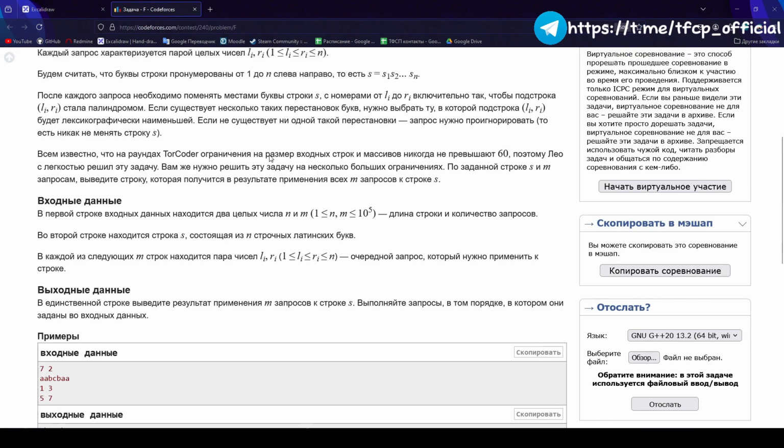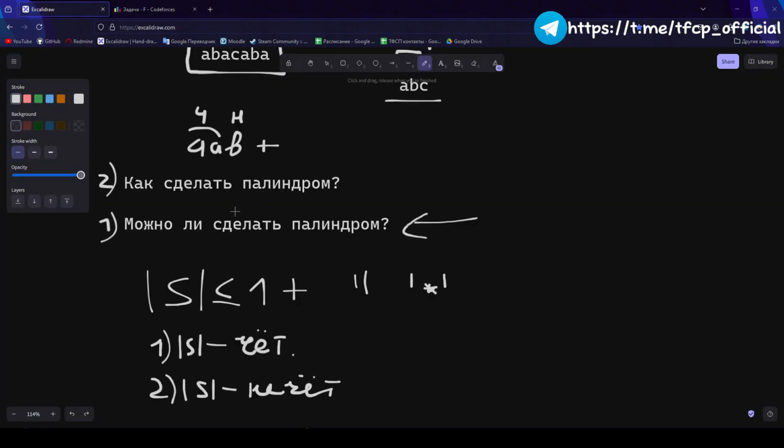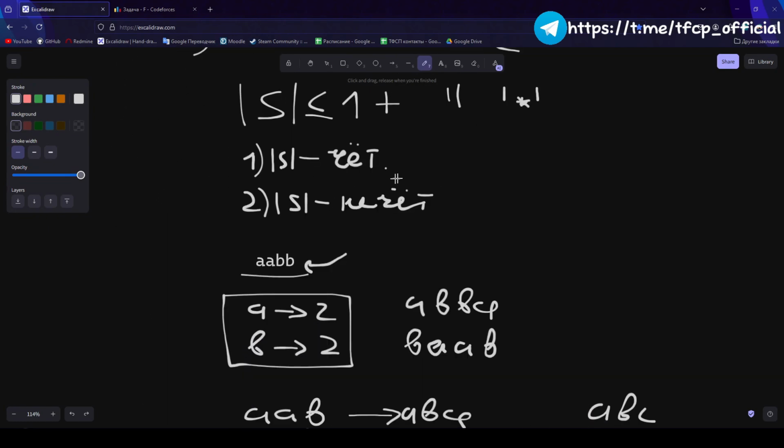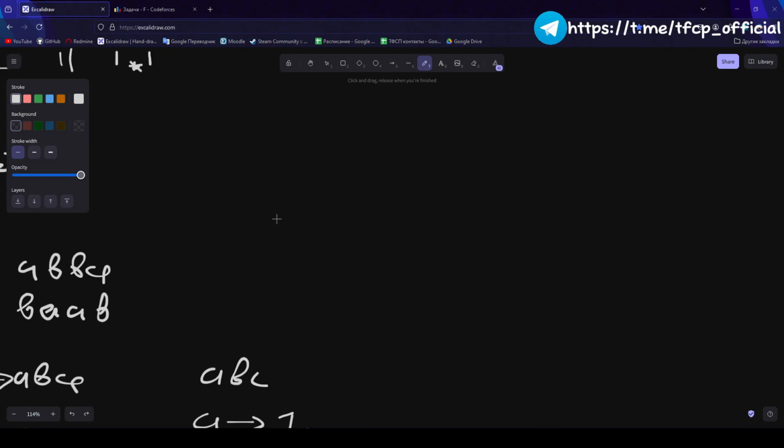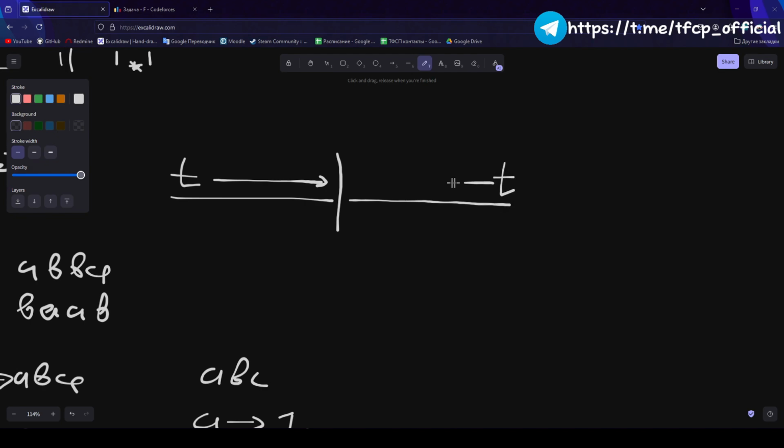Let's not focus on making it lexicographically minimal for now, but just any palindrome. First of all, if we have a string of even length, then we have some sequence of characters t, then the middle of the string, and then the same sequence of characters t in reverse order.